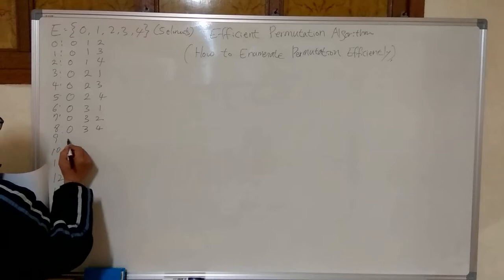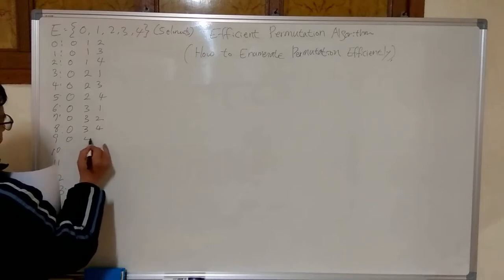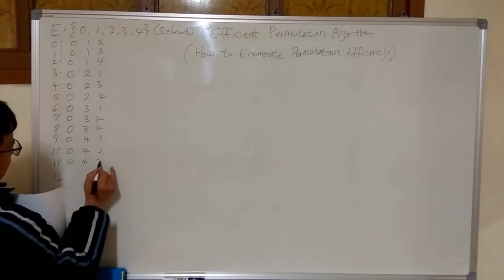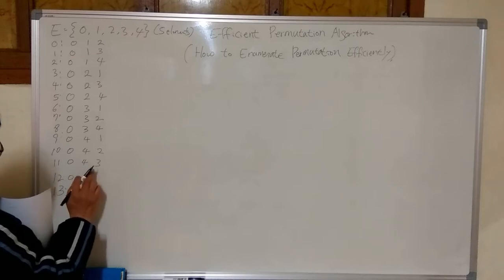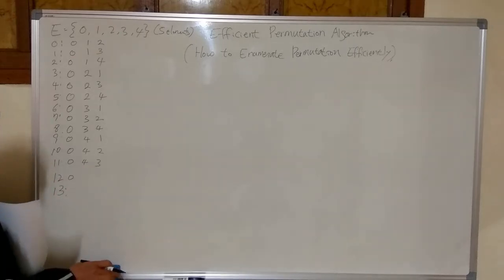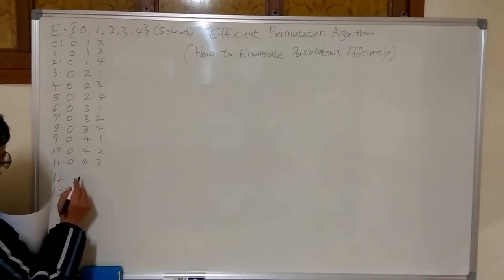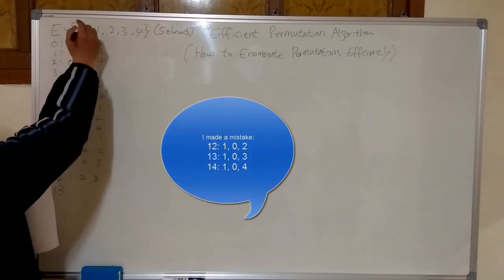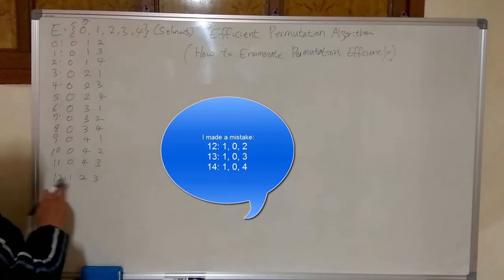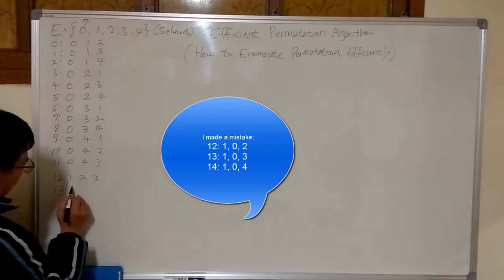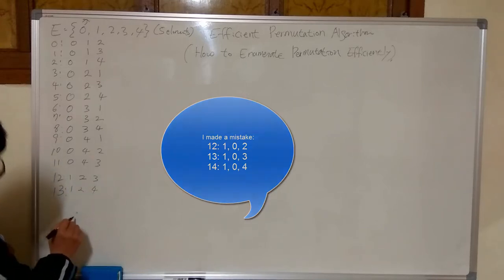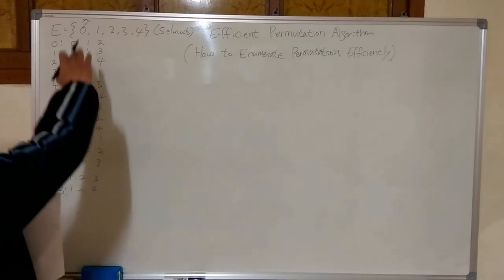Now starting with number 4: 0, 4, 1, 0, 4, 2, 0, 4, 3. We cannot do this any more, so we are moving to 1, 0, 2, 1, 0, 3. Now 0, in this case, this disappeared, right? We don't have 0 here. Now 1, 2, 4 we used. This is permutation.